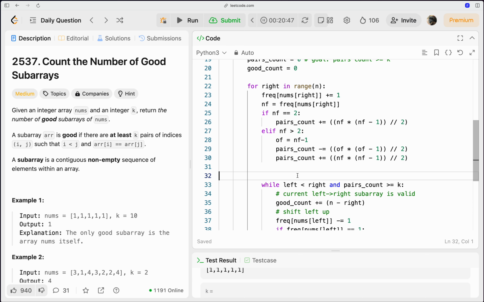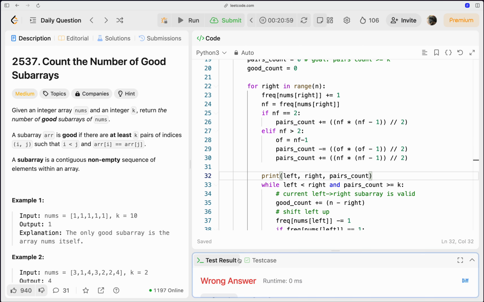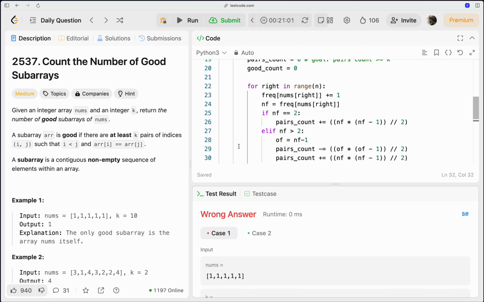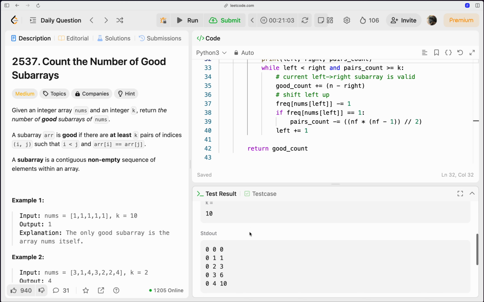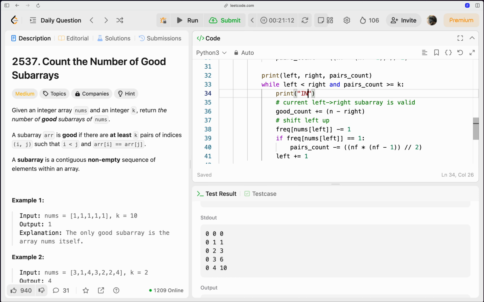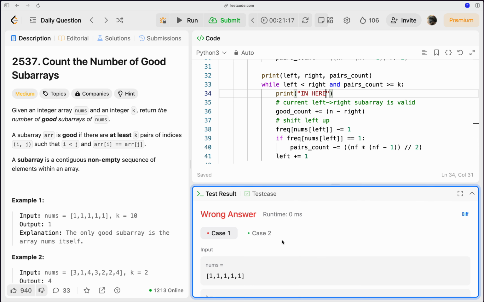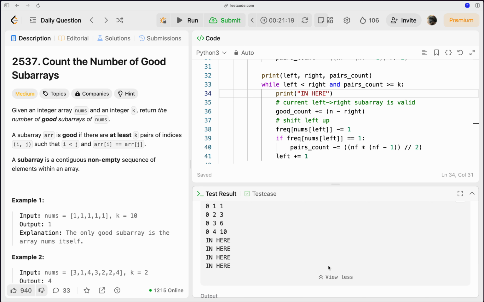Let me print pairs count, and then print left and right just to debug. And then print in here, and I shouldn't see it. Oh, maybe a couple times?